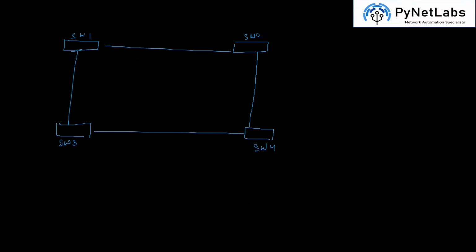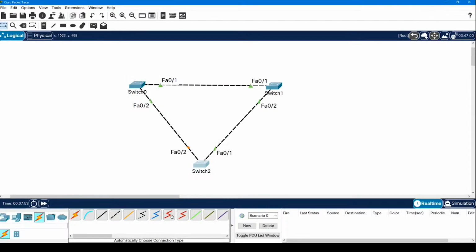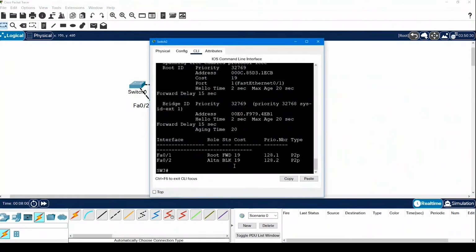So we have a question here. Before we move ahead, let's make this clear. What if the connection from switch 2 disconnects and the blocking port from switch 3 becomes the designated port? So let's try the same.